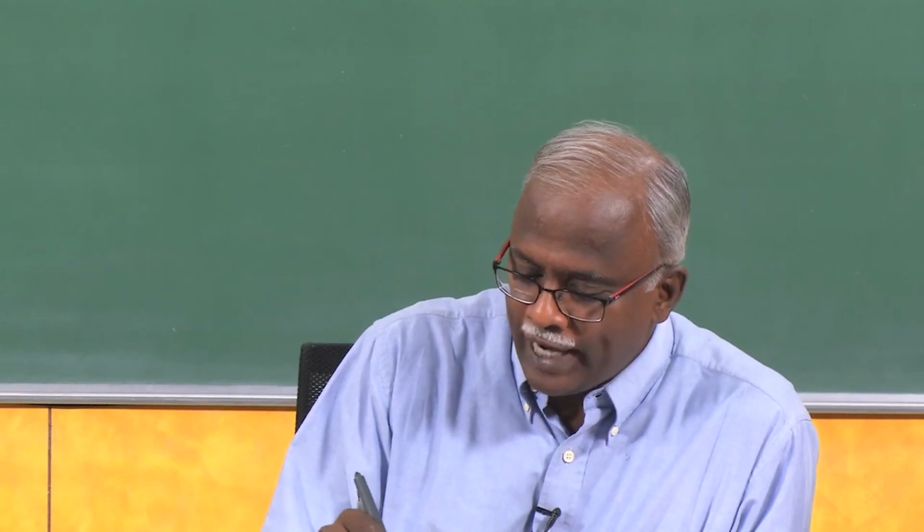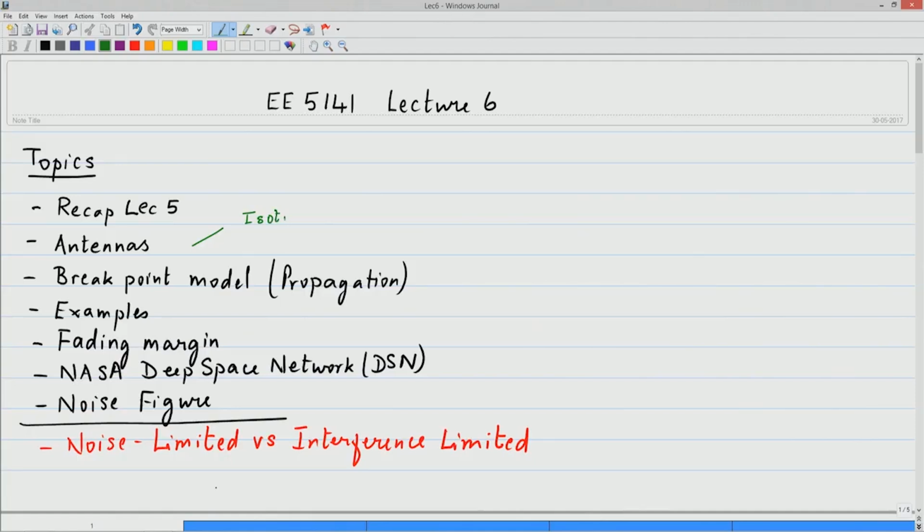So, the first concept that we would like to introduce in the topic of antennas would be the isotropic antenna. It is a concept that helps us understand the behavior and the property of antennas. Such an antenna does not exist physically, but it helps us to explain the basic behavior of antennas, and also for us to understand the system impacts that these antennas will have.